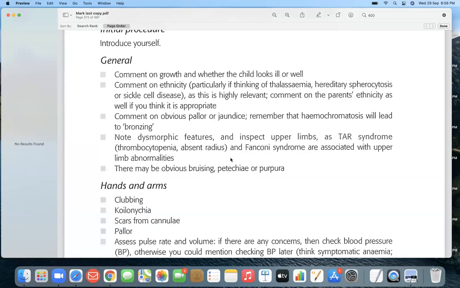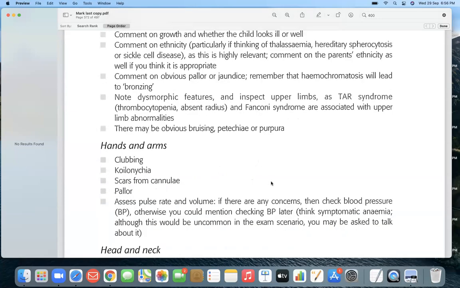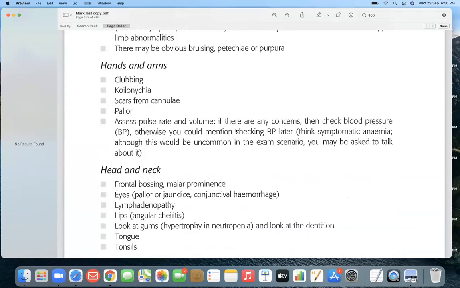And also if there is thrombocytopenia, there can be bruising, petechiae, purpura. And you will offer only BP. Usually you will offer BP, but just check pulse rate and volume, and regular hand testing, what we discussed in the morning. Then frontal bossing, malar prominence. This is for thalassemia.